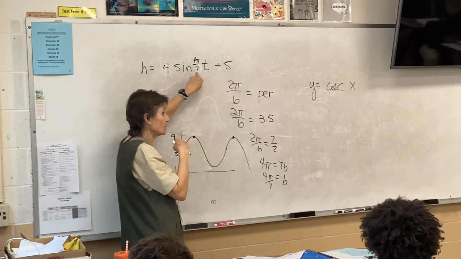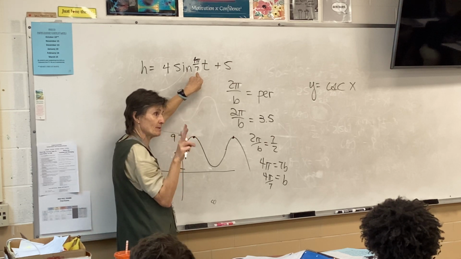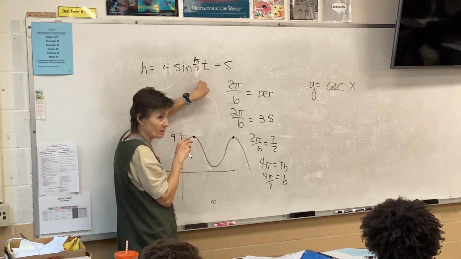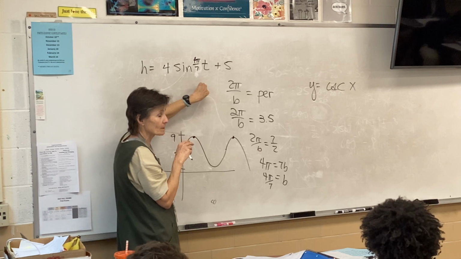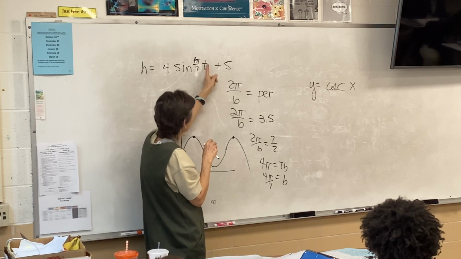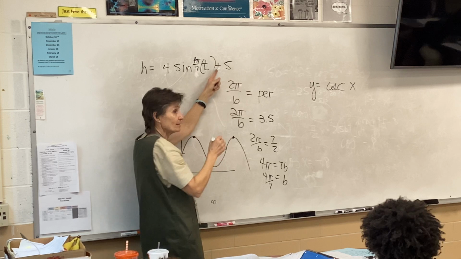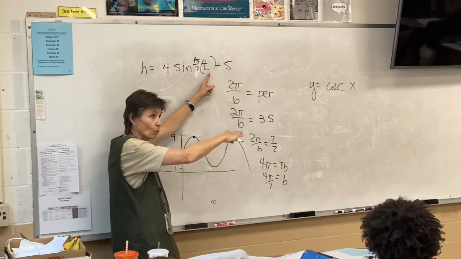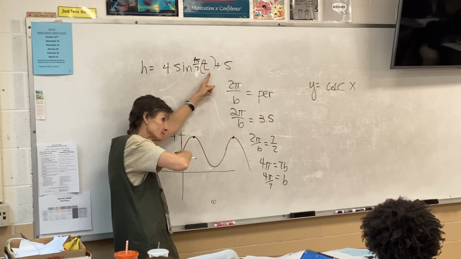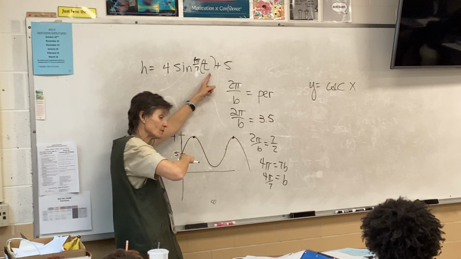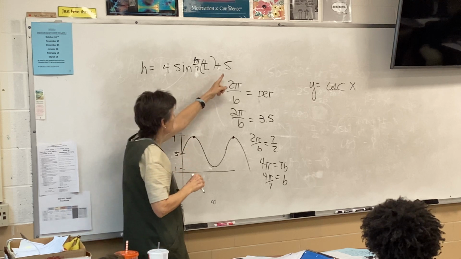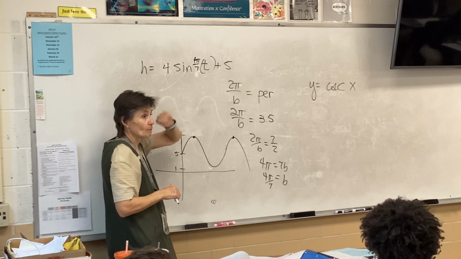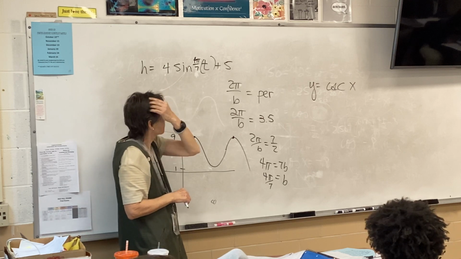This number, all it does is help me find the period. 2 pi divided by it is the period of the curve. Anything directly added or subtracted to the x, or the t in this case, is your phase shift, horizontal shift, giving you your starting point. And then anything added or subtracted to the end is your vertical shift, what moves you up and down.